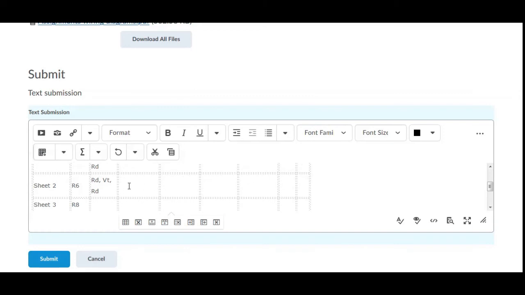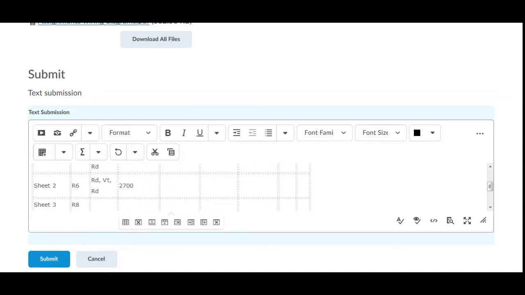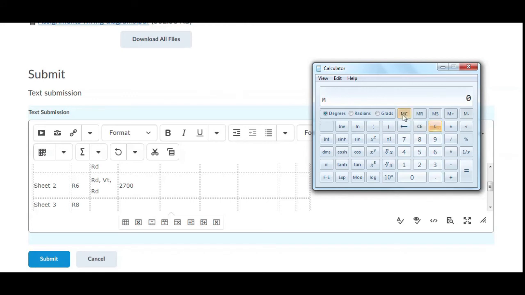The second one, red, has a value of 2. Violet has a value of 7. Red has a value of 2, which means I have to add 2 zeros or multiply it by 100. So that's my calculated value. My maximum value will be, let me clear this and clear my memory, 2,700 multiplied by 0.05, because that was my gold tolerance band.